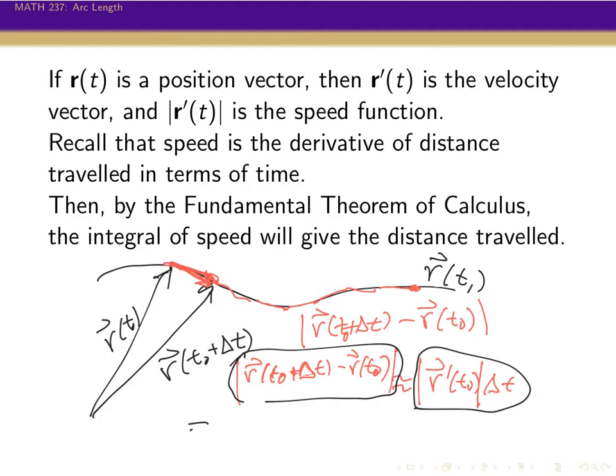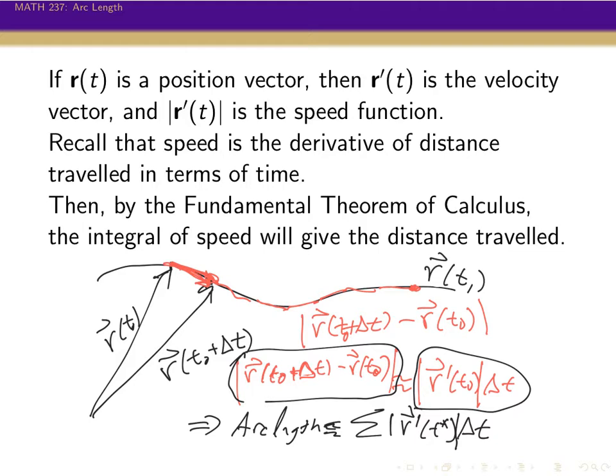So the total arc length is about the sum of these magnitudes of r prime of t times delta t. How do we make it equal to the whole thing?